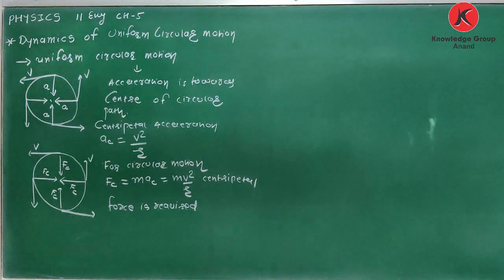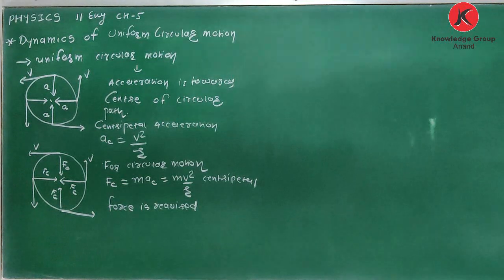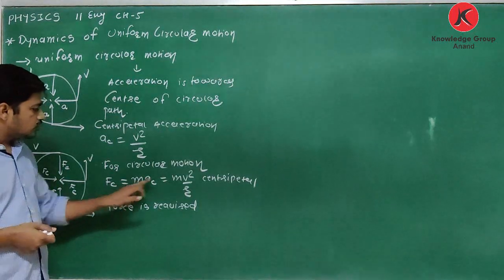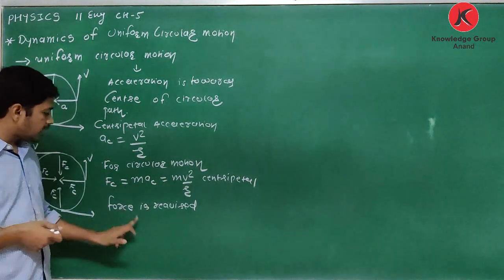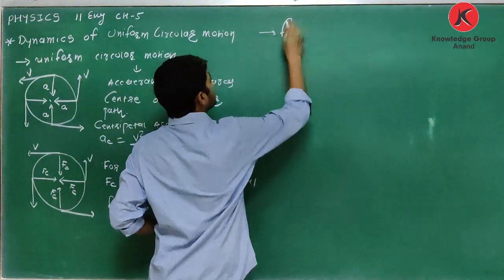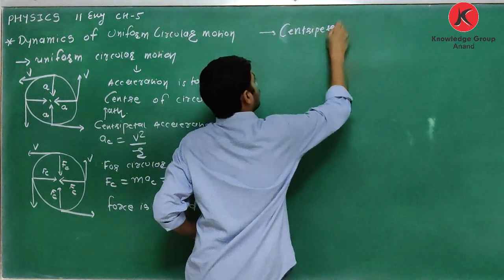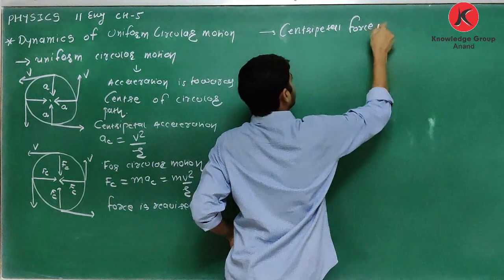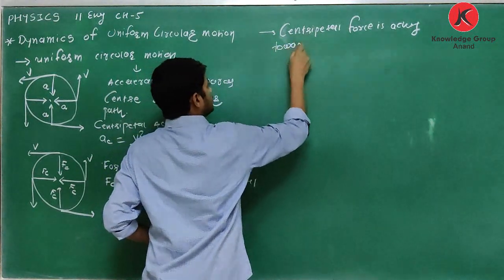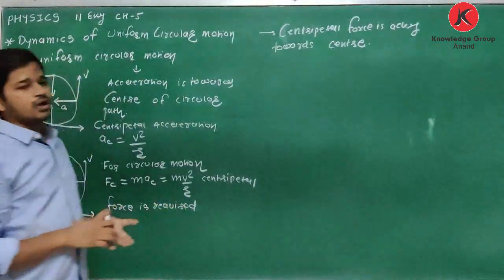Now this point you have to remember. Whenever an object performs uniform circular motion, F_c is equal to m v squared upon r, centripetal force is required, and this centripetal force is acting towards the center. Clear about this? This point you have to remember.